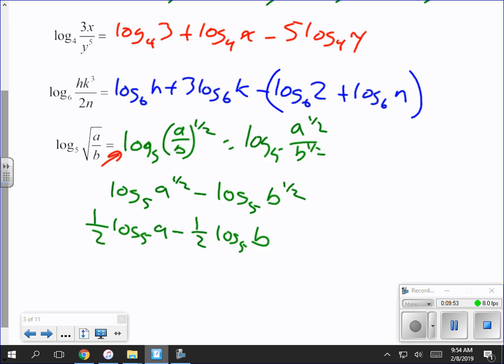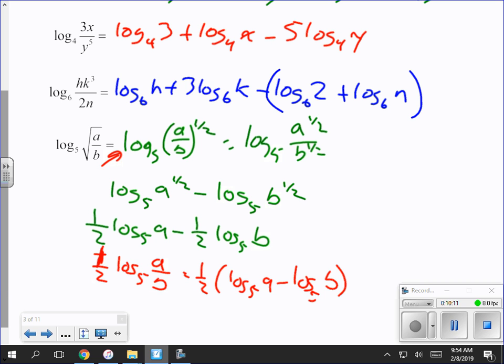So you would have 1/2 log base 5 of A over B, and that would give you 1/2 times log base 5 of A minus log base 5 of B. And these two here are equivalent answers. So either one would work.